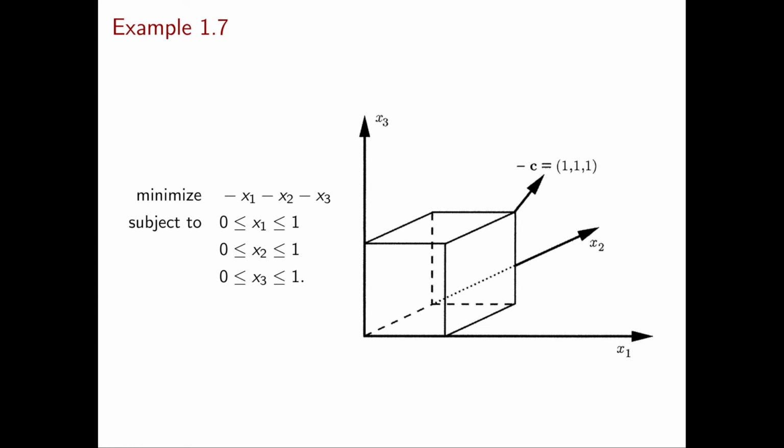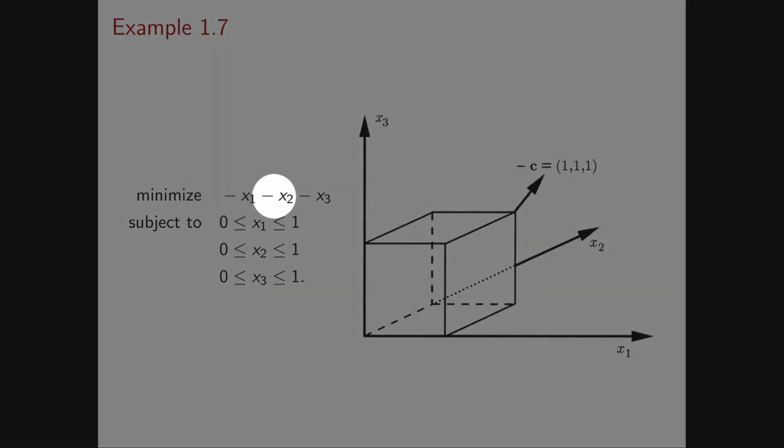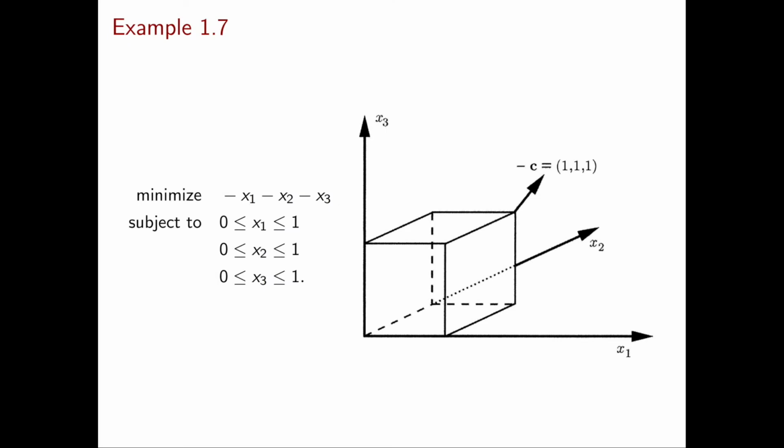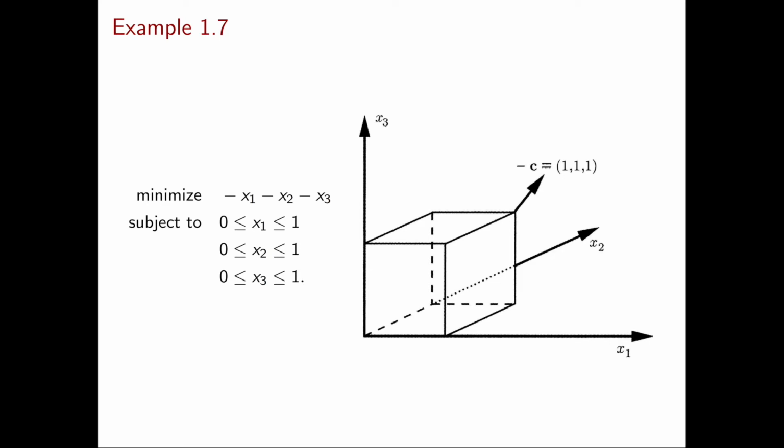If you visualize the plane given by minus x1, minus x2, minus x3 equal to some right-hand side number b, you will then understand that in this linear programming problem, the optimal solution is given by the vector 1, 1, 1.